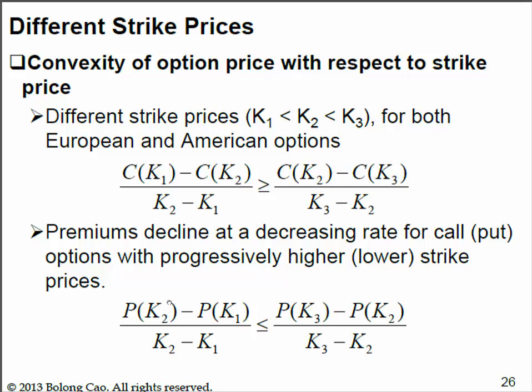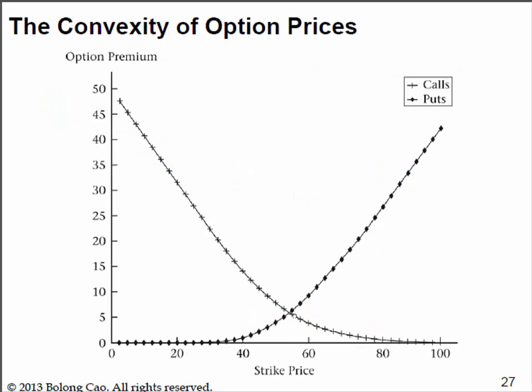We are still talking about a declining rate in the premium change. Because for puts, the lower strike puts have a cheaper premium, it goes with a positive slope in the picture.